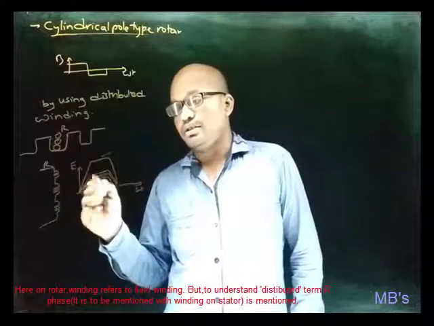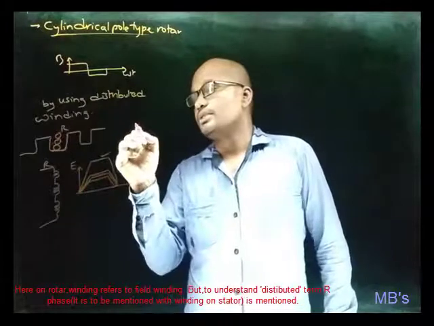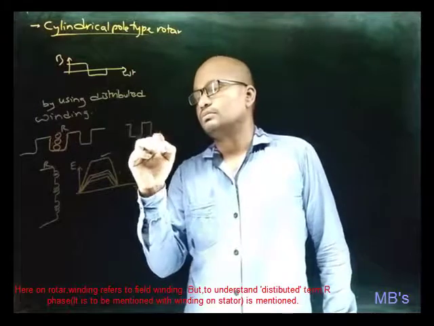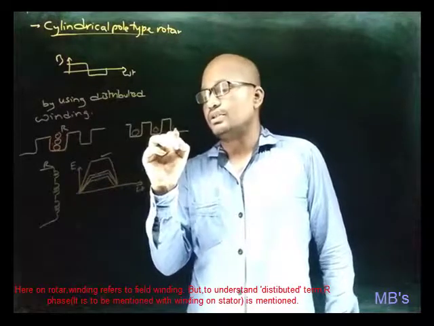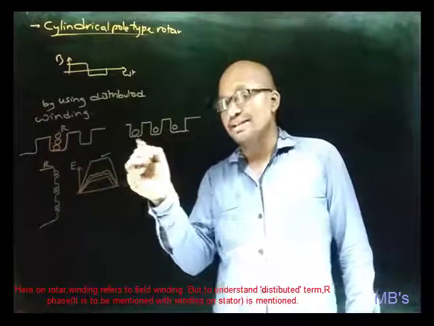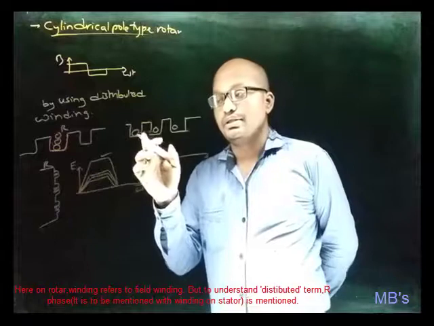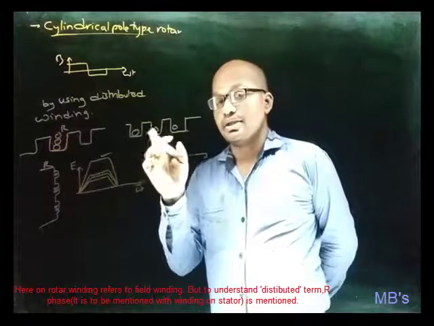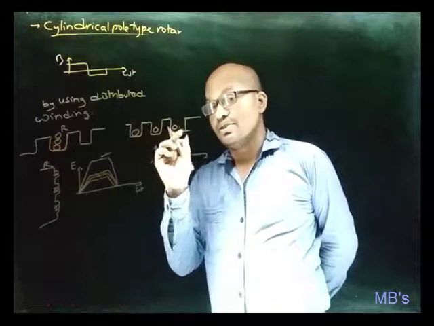And now let's see how the EMF will be sinusoidal with distributed winding. I am placing the 3 conductors of the R phase in different slots, meaning the winding is distributed. So with that, EMFs induced in each conductor of the same phase, placed in different slots, will have some phase difference.